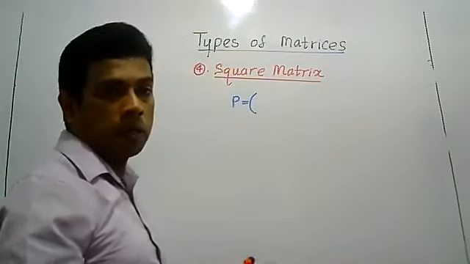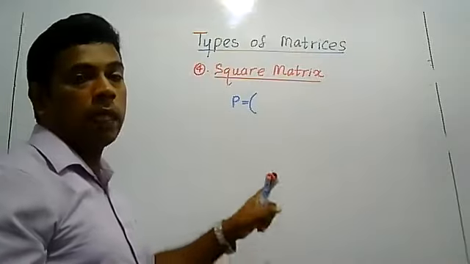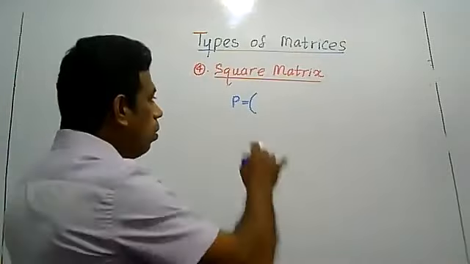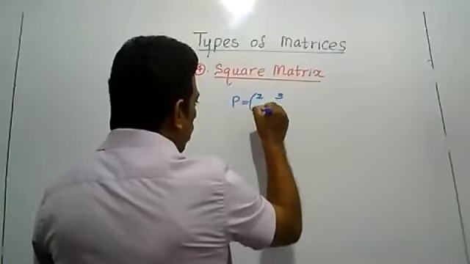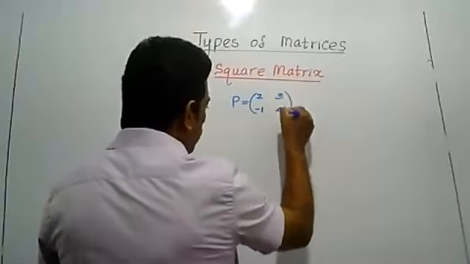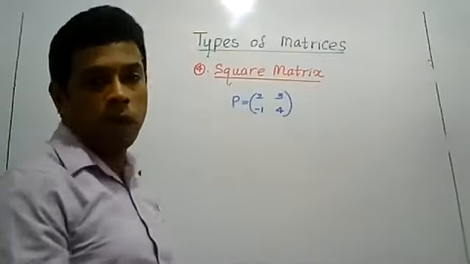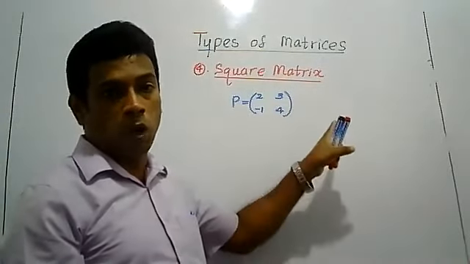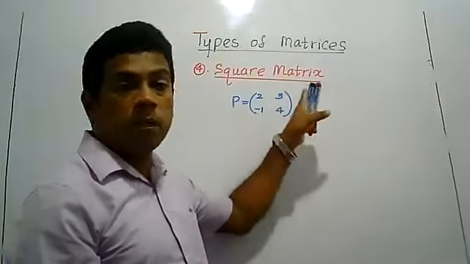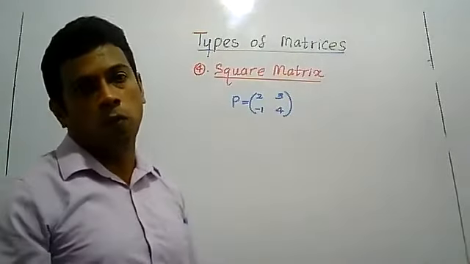When you write a matrix with four elements, that is the first square matrix. So the elements are 2, 3, minus 1, 4. First square matrix should have two rows and two columns, so the number of elements should be 4.